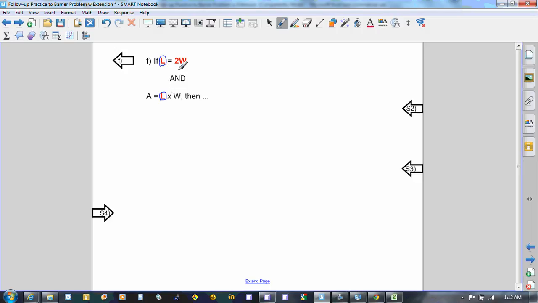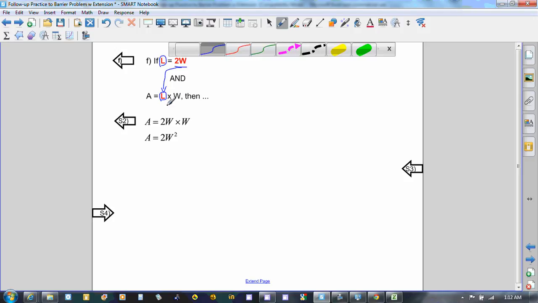So with this statement being true, we could take this value and substitute it here for L. What that does is it produces this relationship. You can see how the 2W was substituted for L. Performing the multiplication, 2W by W gives you 2W squared.